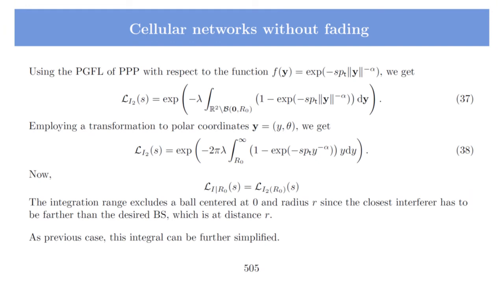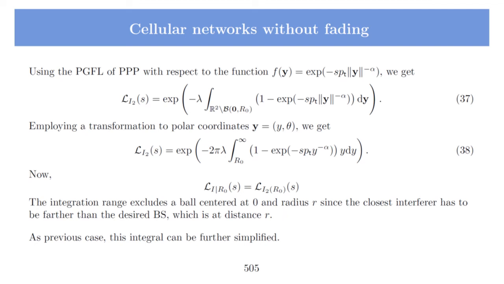Same way you can show the Laplace transform is then equal to exponential of indicator r square minus the integral over the space minus the ball b(0, r0), the ball of radius r0 at origin center, of 1 minus exponential of minus s P_t norm of y to the power minus alpha dy.